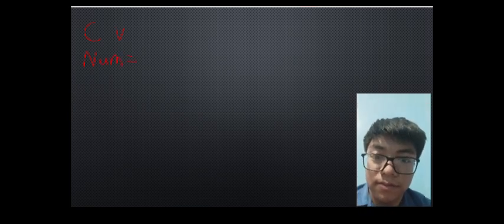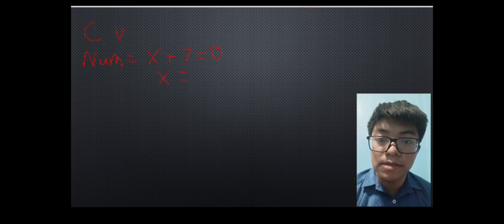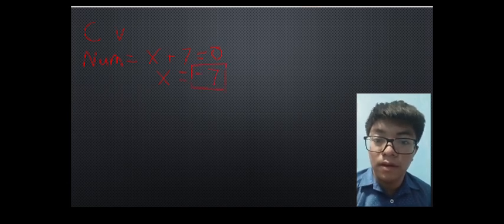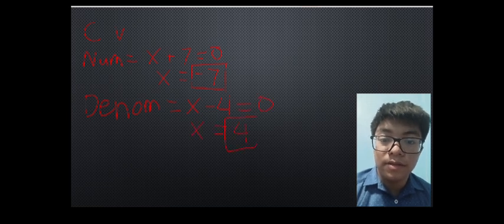Our next step is to find the critical values. So let's find zeros. x plus 7 equal to 0, our x is negative 7. And for our denominator, x minus 4 equal to 0, our x is positive 4.